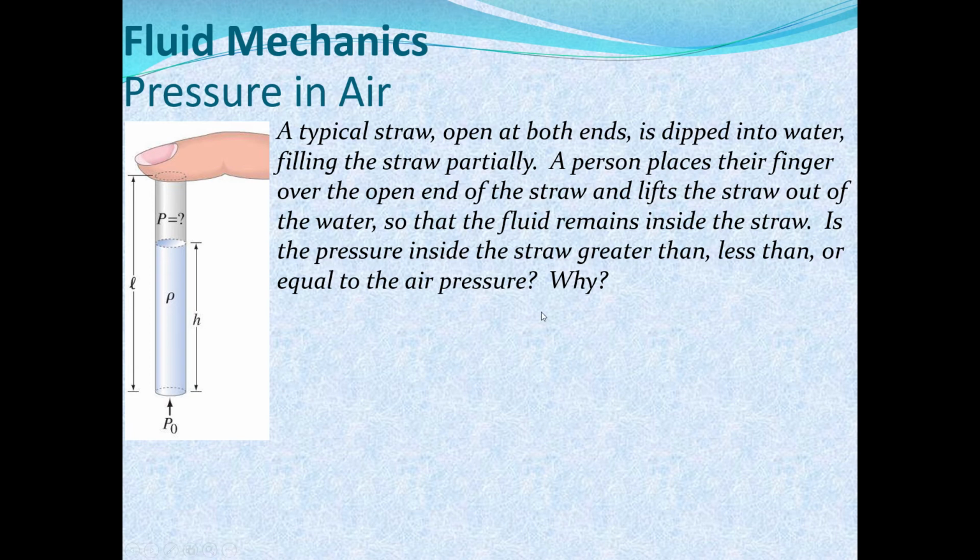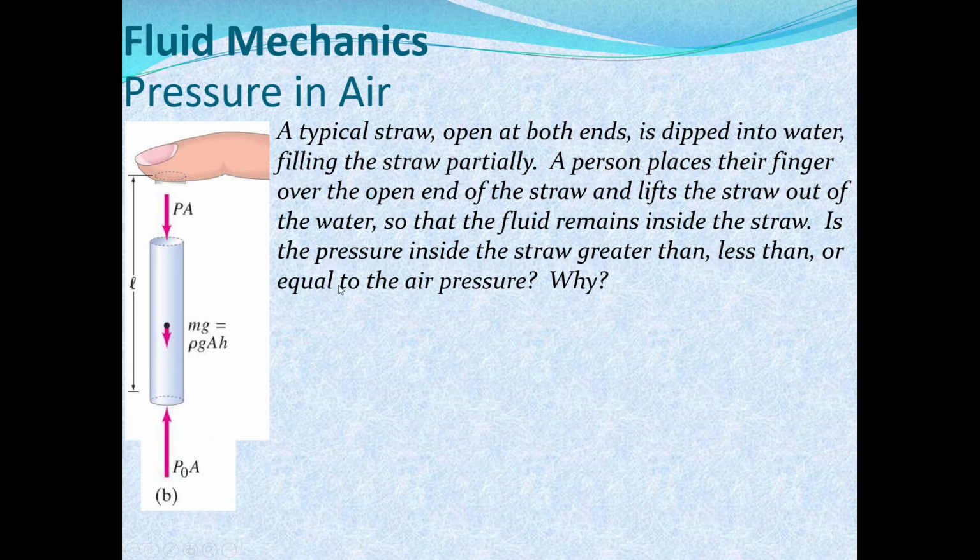All right, if we look at the FBD on this, we'll see that the water has some weight that's pulling it down. So if this pressure was equal to this pressure, then the forces would cancel out and we'd have a net force going down, which is going to pull this down.